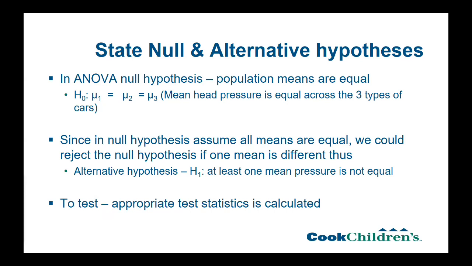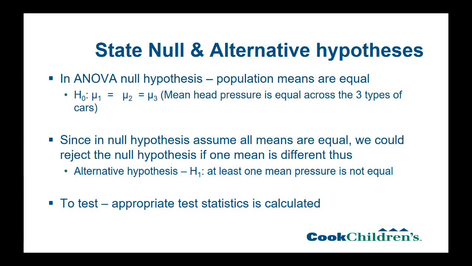For this, the first step is to state your null and alternative hypotheses. In ANOVA, the null hypothesis is that the population means are equal, and as regards this specific question, the null hypothesis will be that the mean head pressure is equal across the three types of cars.